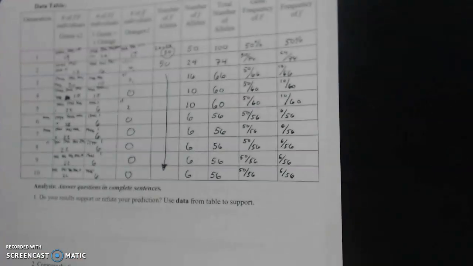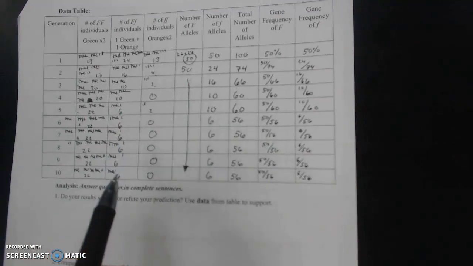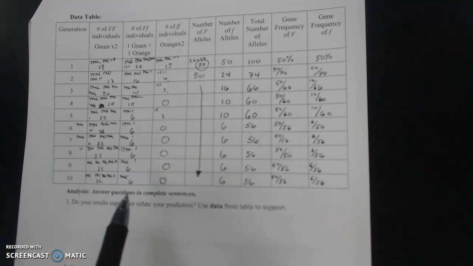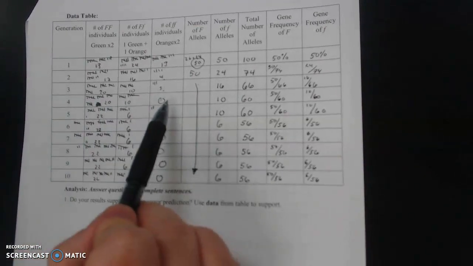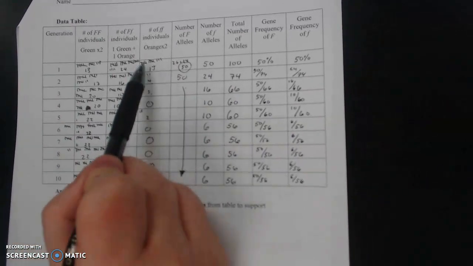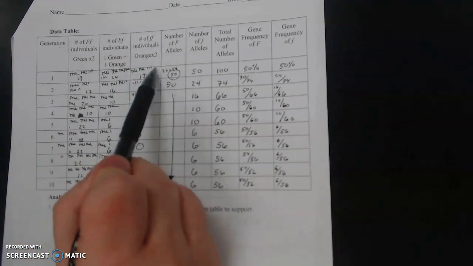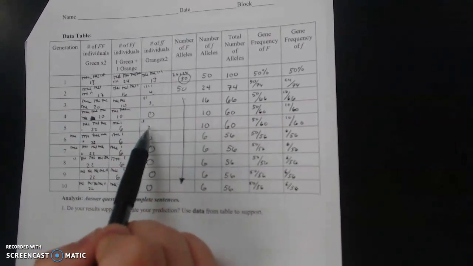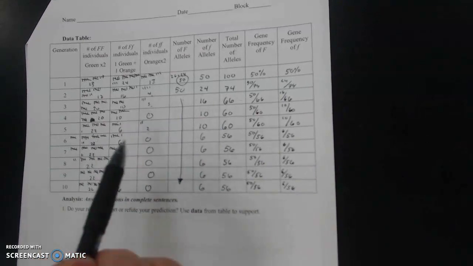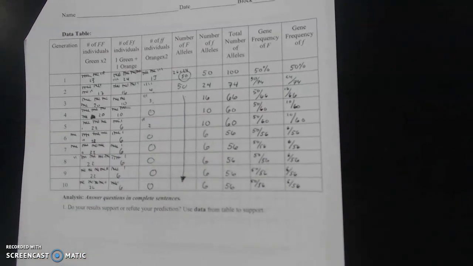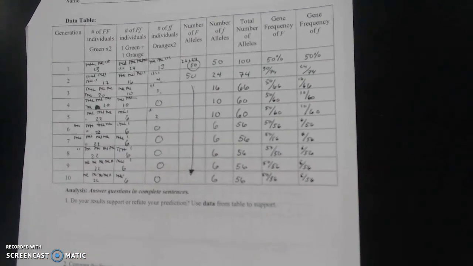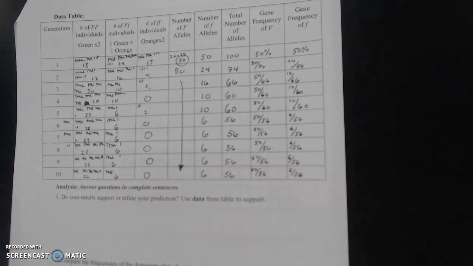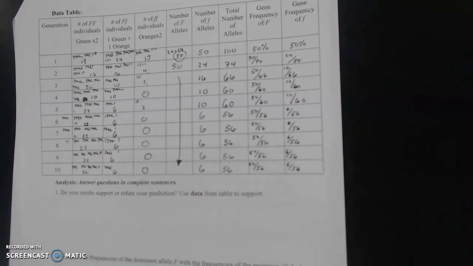In addition, just notice how hard it was for us to pull an orange bunny after generation 4. Natural selection happened very quickly, where a whole bunch of dudes died. Then we had a trickle of other ones dying. And then we mostly, except for this one little generation here, stayed pretty much the same with no bunnies dying. But from here you should be able to answer the questions.